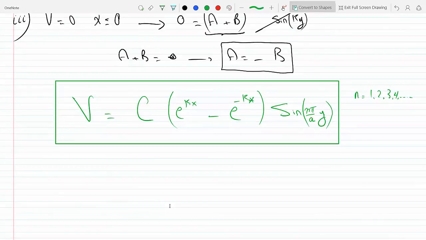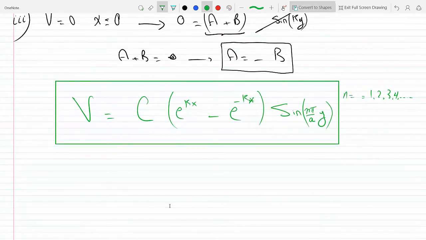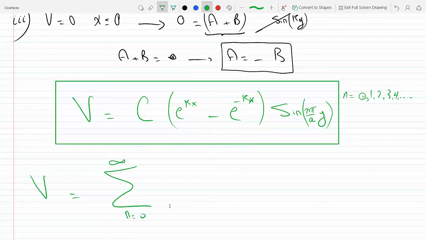Because if n1 is a solution, and n2 is a solution, and n3 is a solution, and n could be 0, by the way, too, etc., then their sum is also a solution, and all of a sudden my potential is basically a series from n equals 0 to infinity. Cn, each one has its own coefficient, e to the kx minus e to the minus kx times sine n pi y over a.